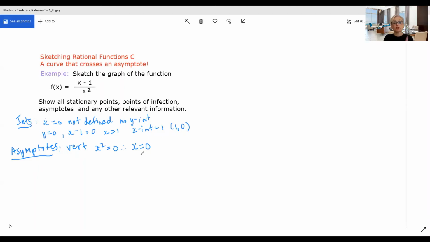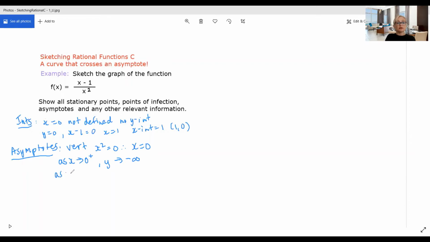However, we also need to check what's happening as we're approaching 0 from above and below. So as x is approaching 0 from above, what's going to happen here is the numerator is going to be negative because a small positive number, but minus 1 will be negative, and the denominator will be positive. So your y will actually be tending towards negative infinity.